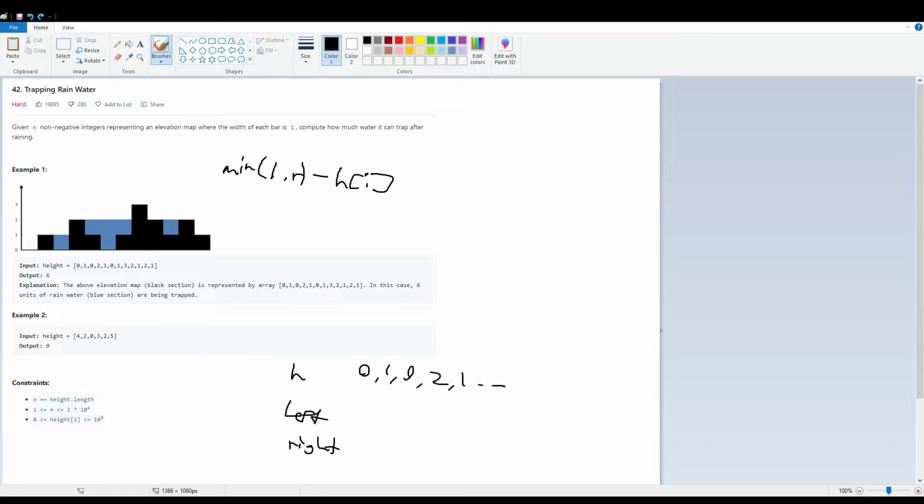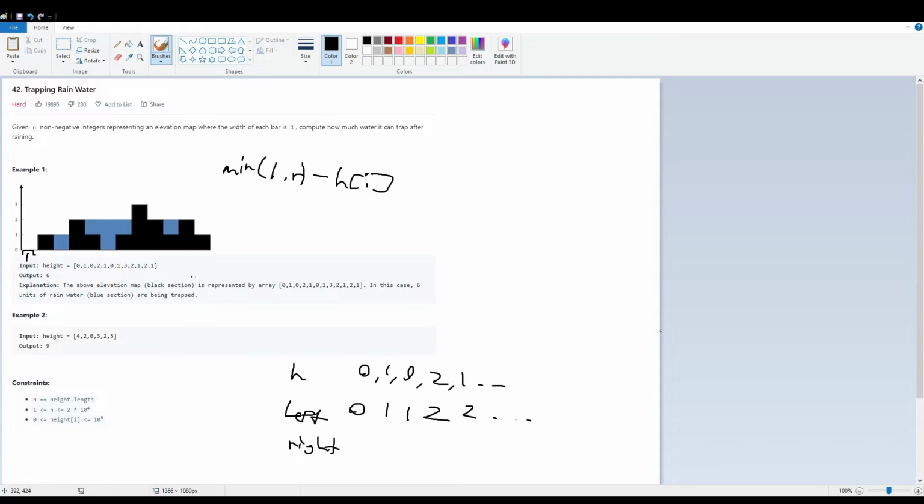So for example here, the maximum left we see is 0, so 0, and here the maximum height we see on the left is so far 1, so 1, and here the maximum height that we see on the left is still 1. Here the maximum we see is 2 now, so this is 2, and here at 1 we still have a maximum of 2, and so forth.